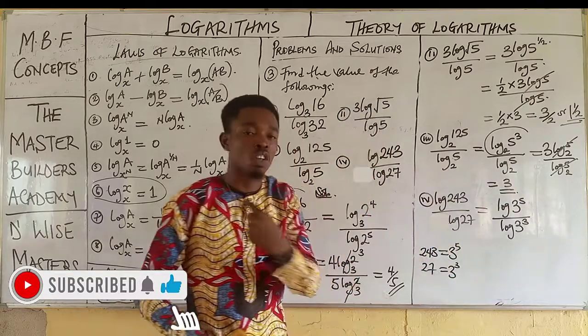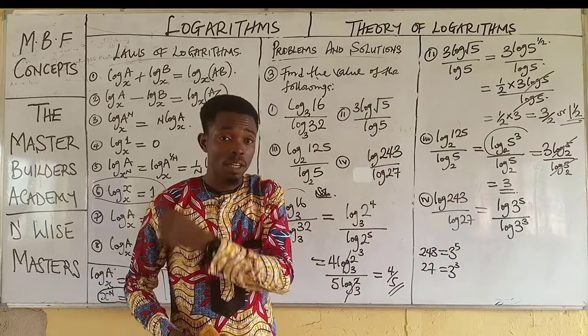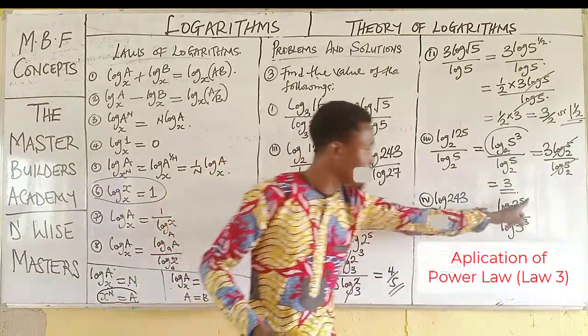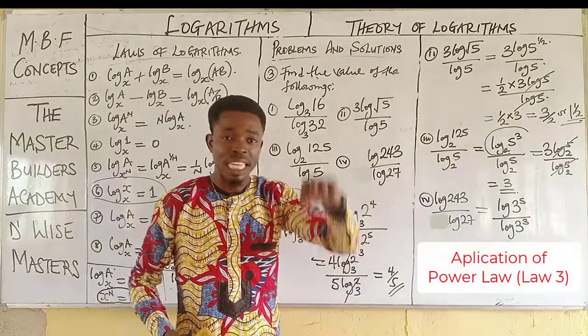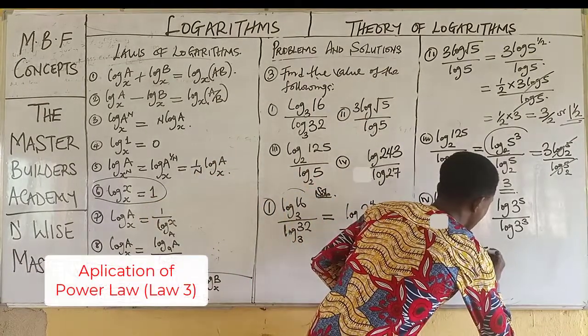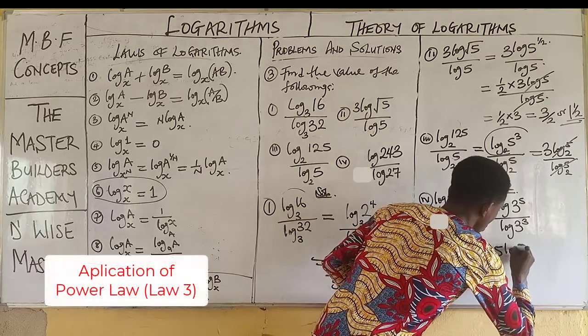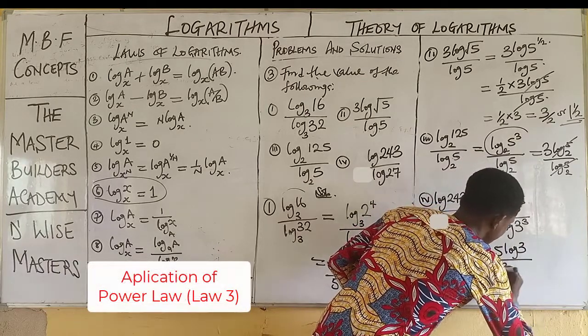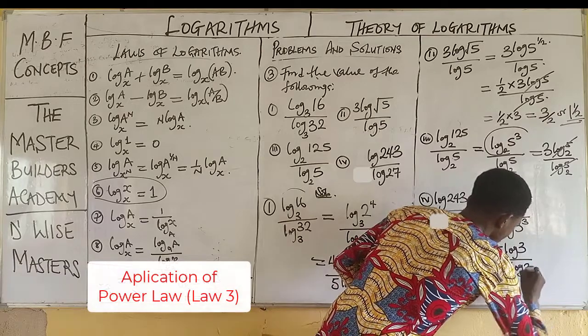Both agree to law number 3. So we are quickly going to make use of law number 3 by removing the power and making the power the coefficient of the log. Then we will have this as 5 log 3 over 3 log 3.